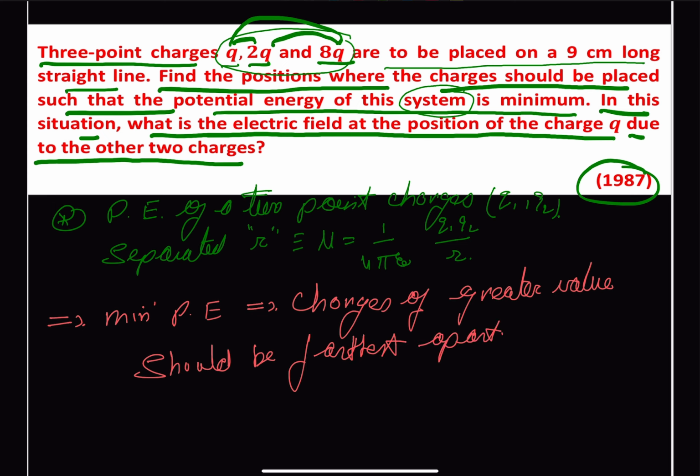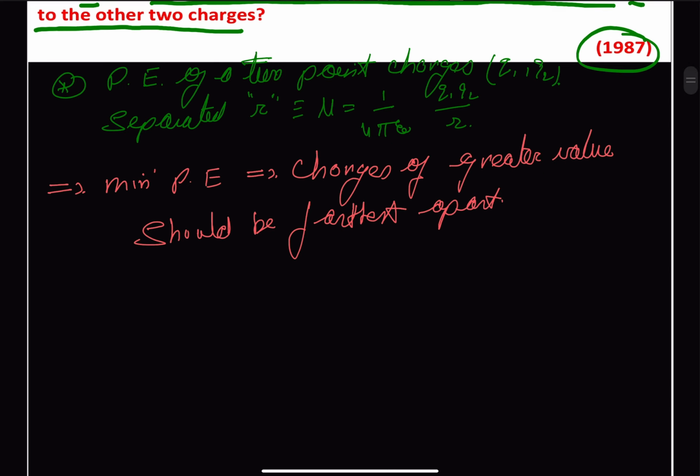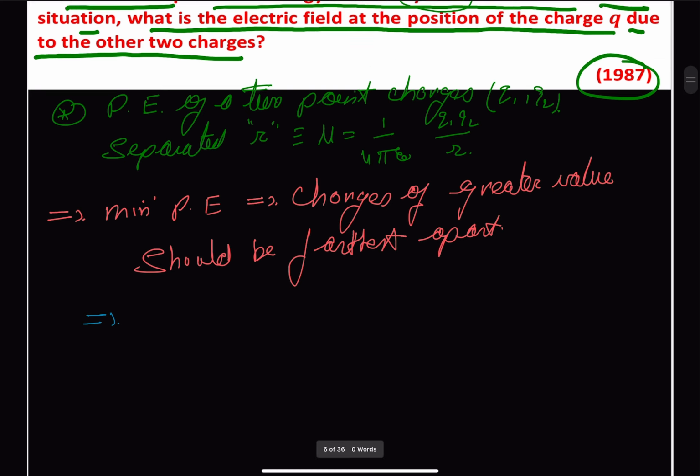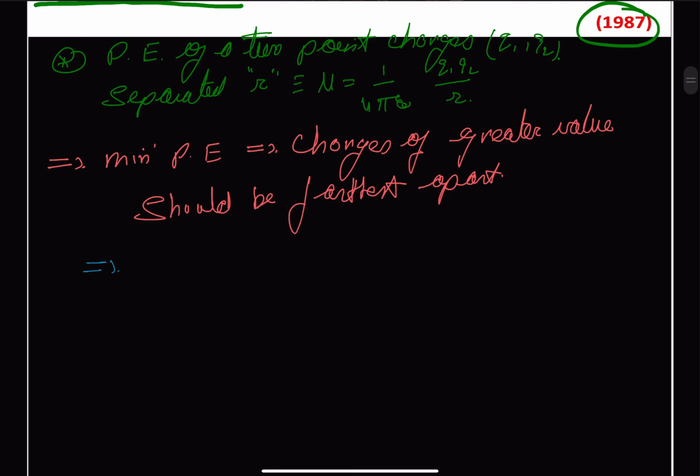So here we are mainly interested in 2Q and 8Q. Therefore, from here we can draw one important conclusion, that because the entire charge system is to be placed on a 9 centimeter long straight line, and we need that 2Q and 8Q should be farthest apart. So it means at one end of the straight line we should be having 2Q, and the other end we should be having the 8Q. Okay. So charges of the greatest value should be farthest apart.